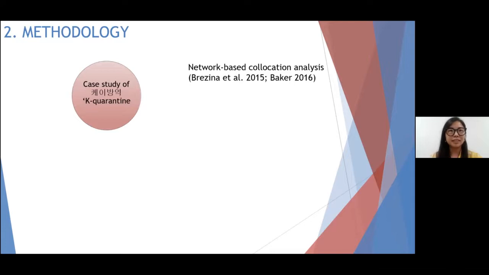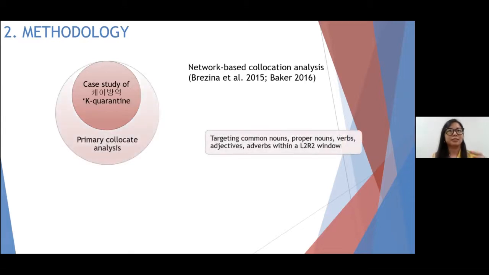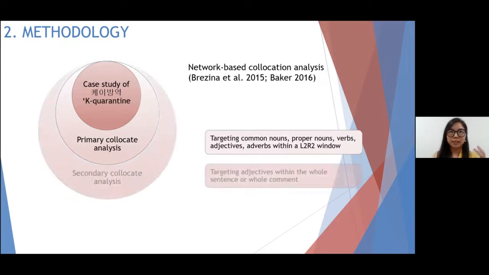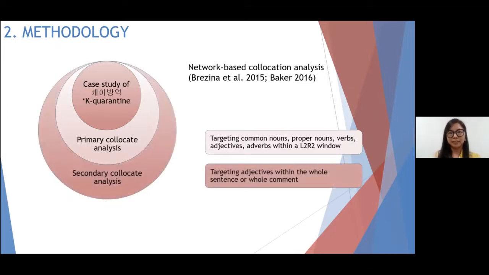For our case study, we carried out a network-based collocation analysis. We first analyzed the primary collocates within a left-to-right window by targeting content words only. And then we analyzed the secondary collocates of K-quarantine, meaning the collocates of the primary collocates. The scope of the secondary collocate analysis covers the whole sentence, or the whole comment in the case of comments.